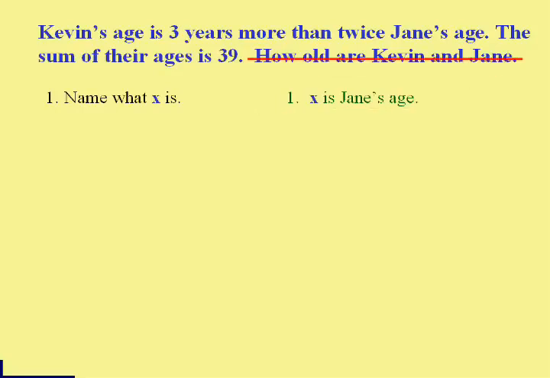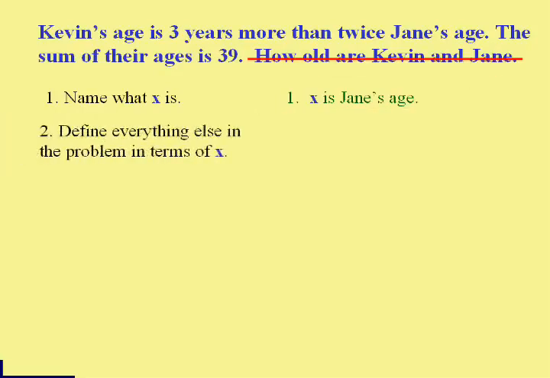And I cross that out. Step 2 is to name the other objects in the problem. Now we've done Jane. We're going to start with English and work our way from English to math, defining Kevin's age in terms of our X. Well, X is Jane's age, so Kevin's age, and it says right there, is 3 more than twice Jane's.